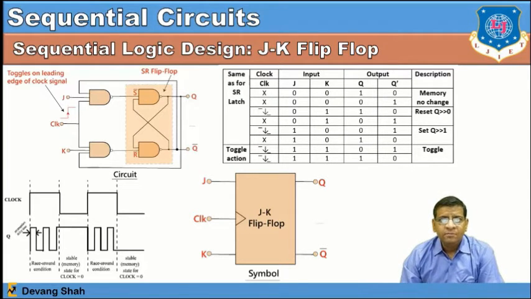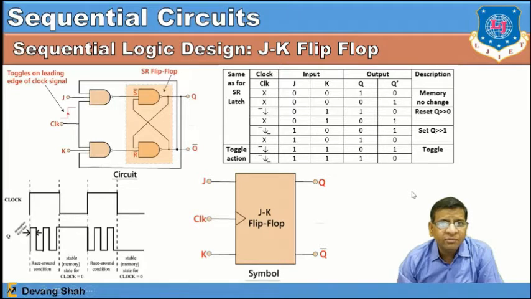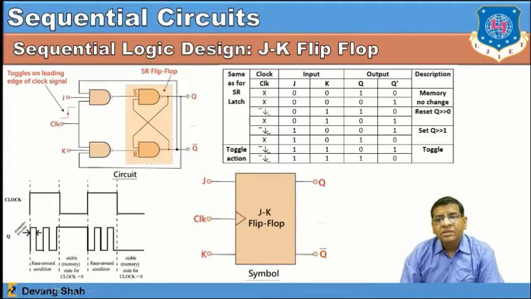As well as one interesting thing: once you apply both J and K as 1 1, when the clock comes, if previously Q is equal to 0, it becomes 1. If previously Q is equal to 1, it becomes 0. This condition is called the toggle condition. So again, you also get the toggling function in a JK flip-flop, right?